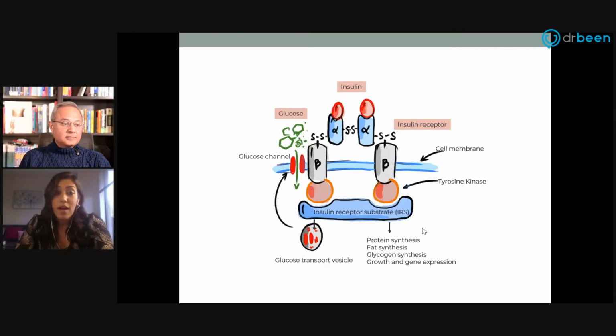And then you also have it affecting transcription, which is even slower. So insulin, to achieve metabolic goals, has so many different effects on enzyme machinery, right? Absolutely, this is fascinating.